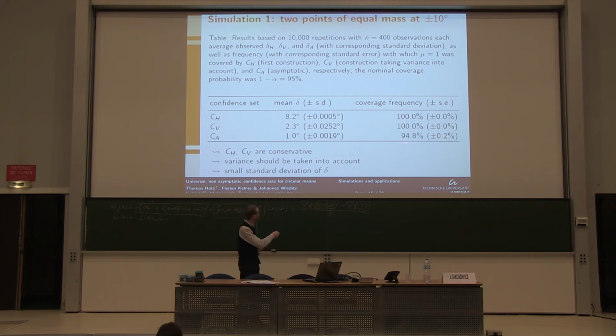Of course, the asymptotic confidence region in this case essentially fulfills the nominal coverage of 95%, whereas the other ones are conservative. This is due to the fact that you're guaranteeing coverage also in the finite case, and it's a conservative construction anyway, so that's not surprising.